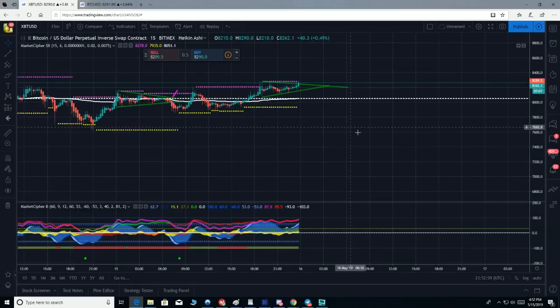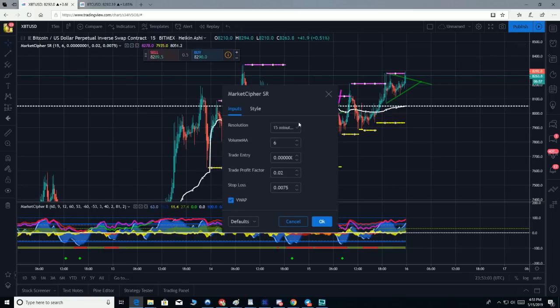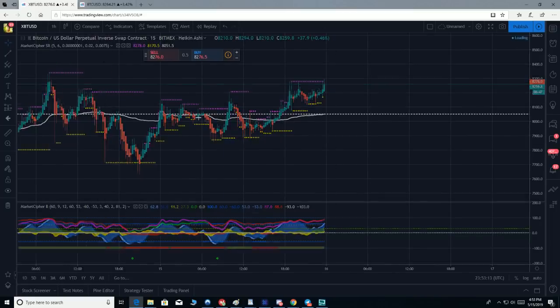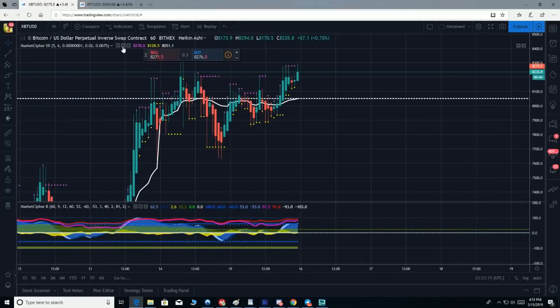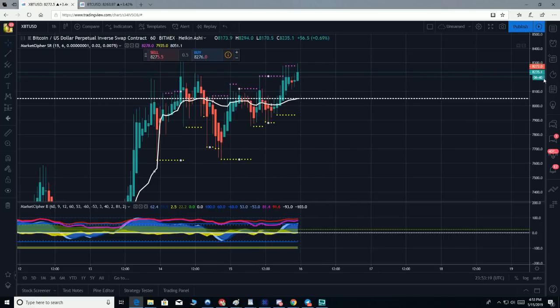If I am on the 15-minute, I'm going to adjust my resolution to 5-minute. So let's go ahead and adjust this. Okay, that adjusts all our support, resistance, everything.